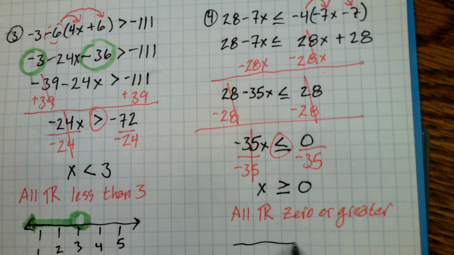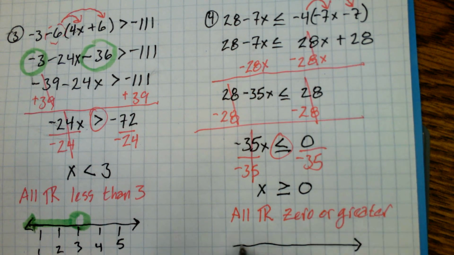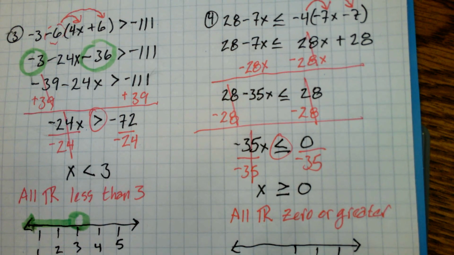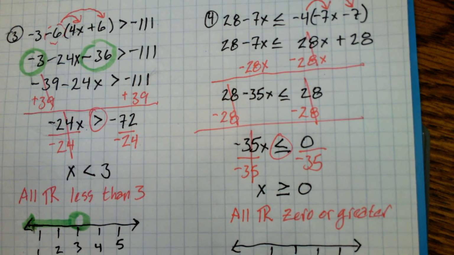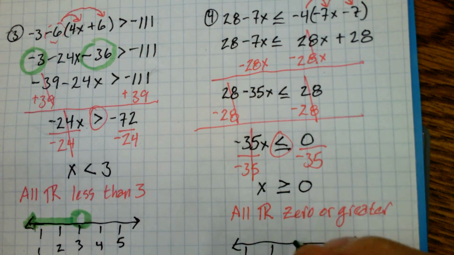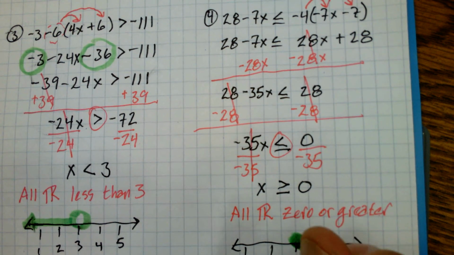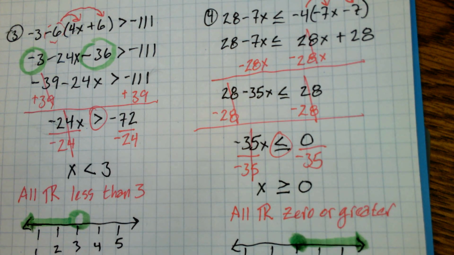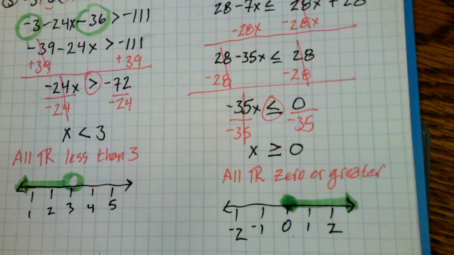Because our final graph would just be zero, anything 0 or bigger. Sorry, like so.